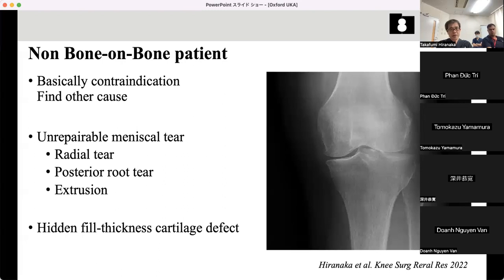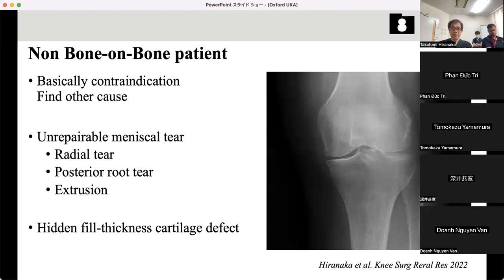If the patient has such an unrepairable meniscus tear and continuous pain, we might do UKA.